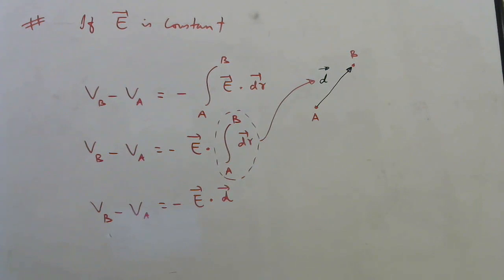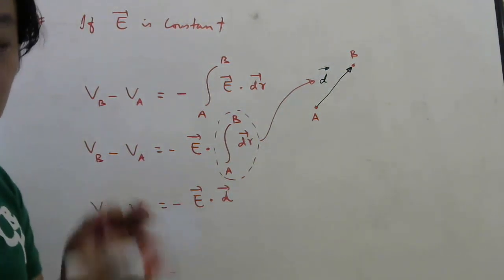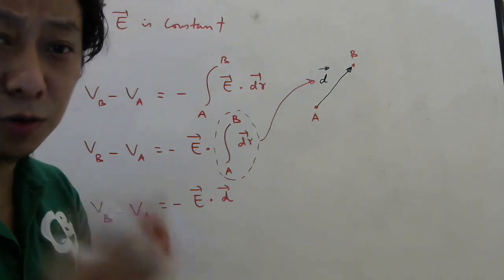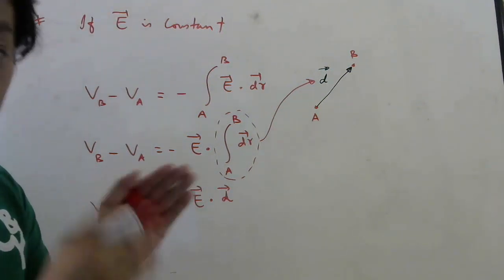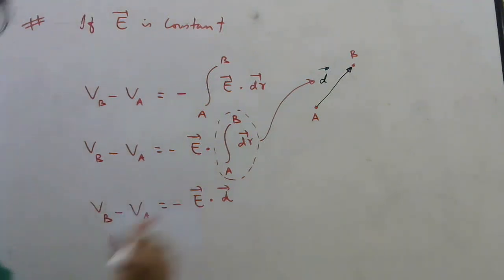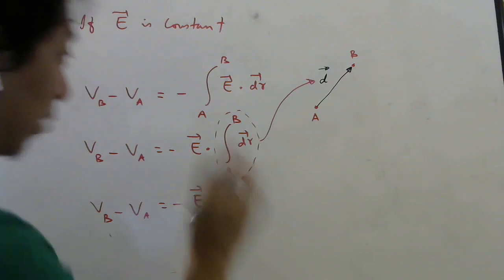Okay, students. Now sometimes this minus sign will create some confusion for you. Should there be a minus sign? Should I put the minus sign or not? Some confusion will come later when we solve problems. So for simplicity, this is the way I usually do it.